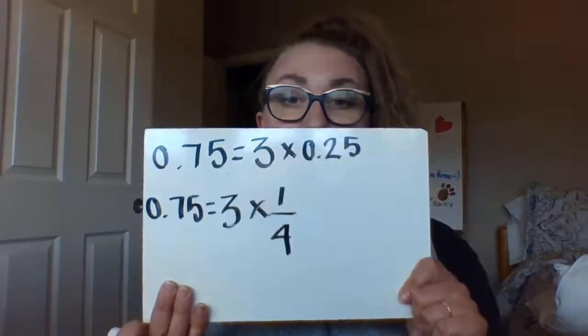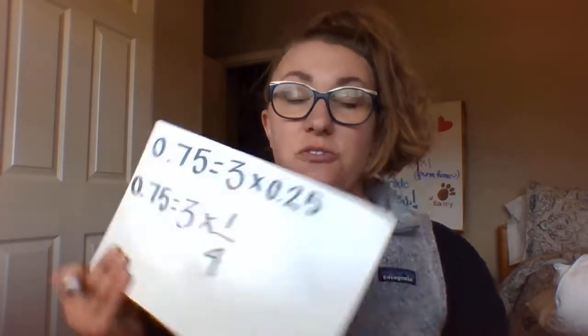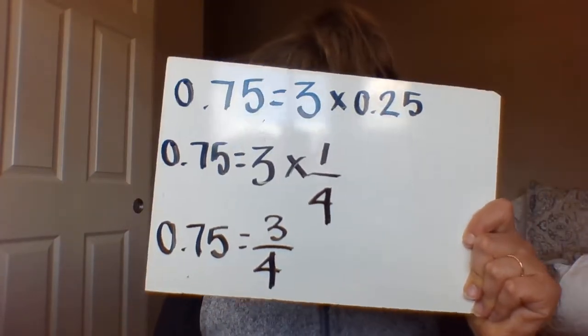So we could also write this as 0.75 is equal to 3 times 1/4. And what do we end up with as our final answer? 0.75 or 75/100 is the same thing as 3/4. There you are.